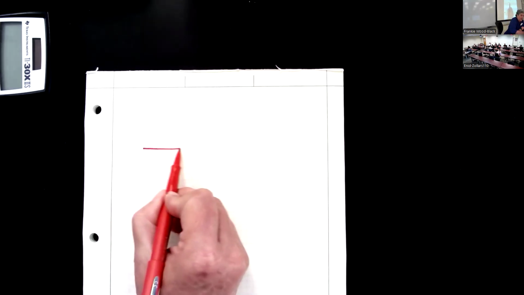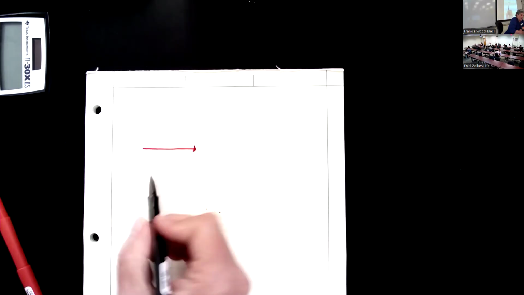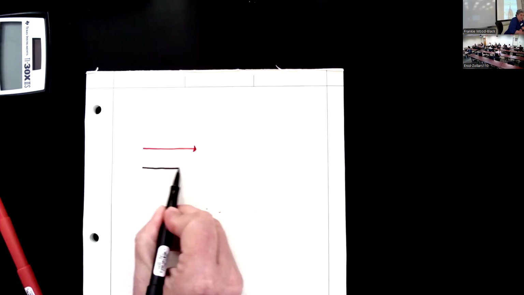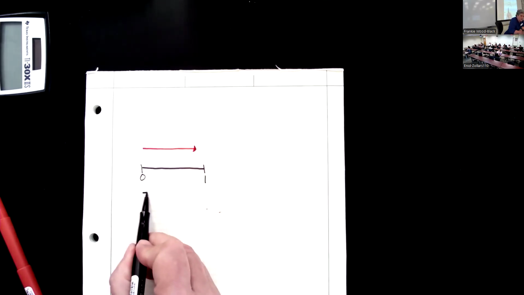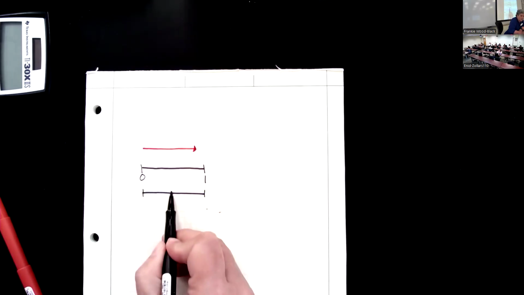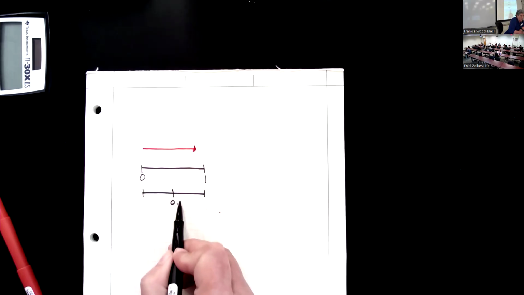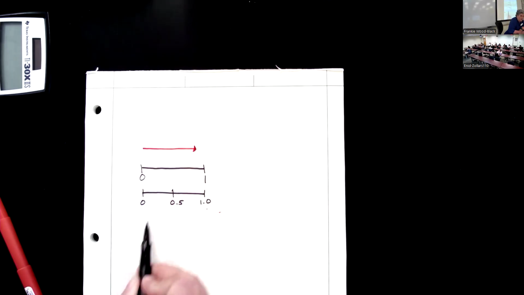Let's look at it a little differently. All right. So I've got an arrow here. And I'm going to give you this scale. Then I'm going to give you this scale. And we're going to do this one.